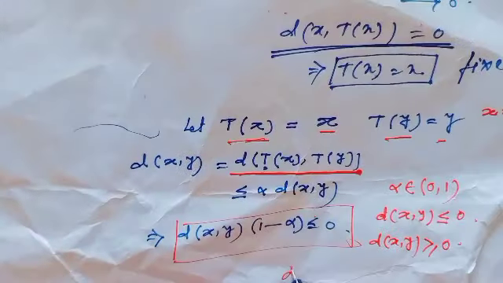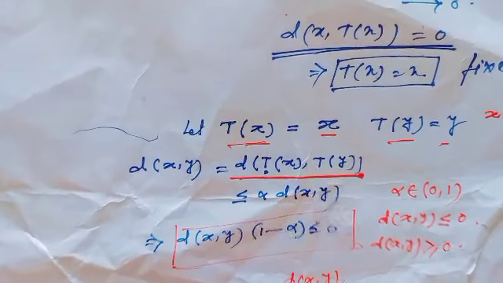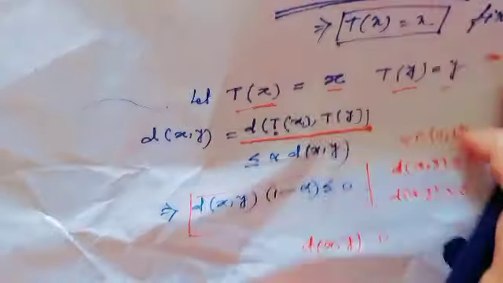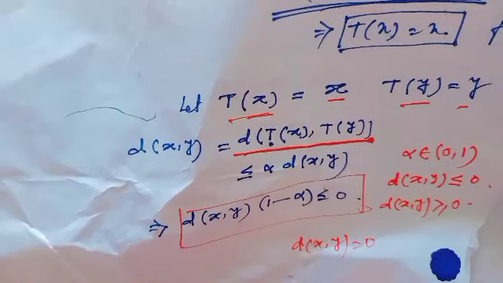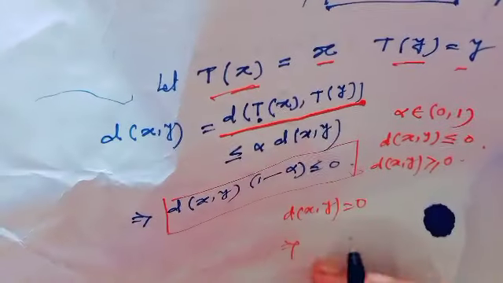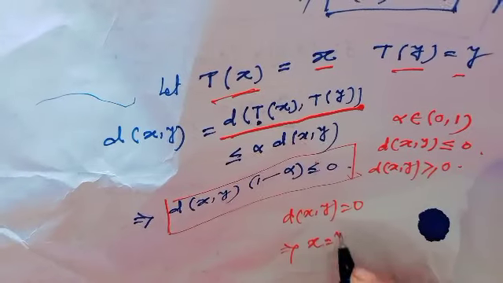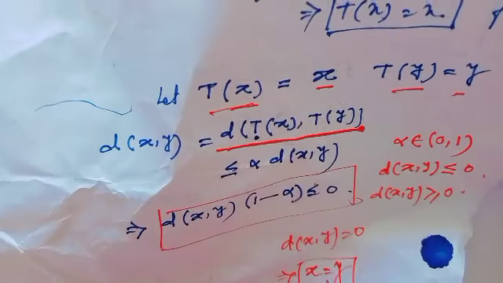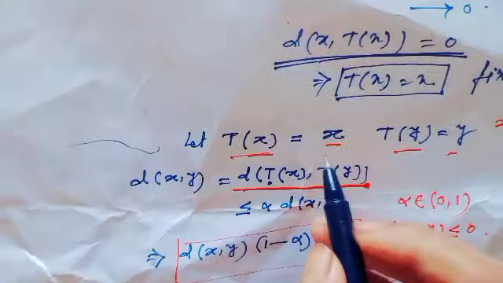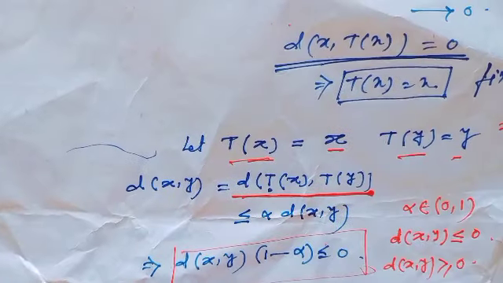That implies d of xy equal to 0. And if d of xy equals 0, that implies x equal to y. Therefore, our proof is done: this fixed point is always the unique fixed point.